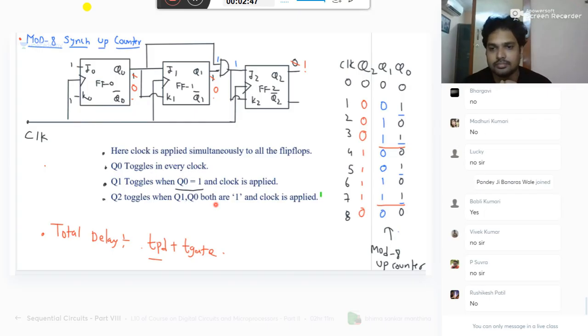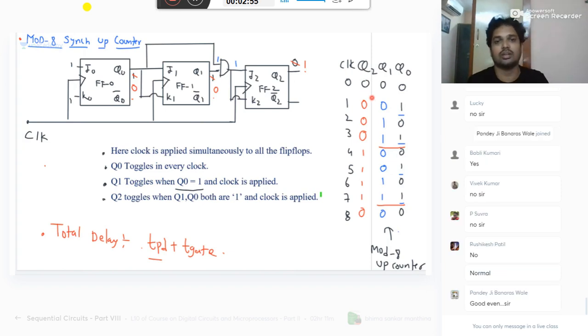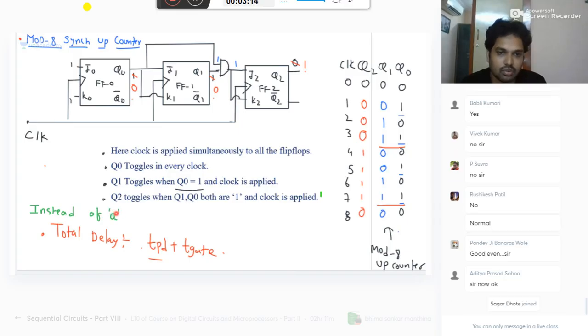Instead of Q, if Q bar is given to the AND gate, then the same circuit will work like a down counter. Okay, here triggering doesn't matter, only logic design is important. Even if you don't remember this circuit, no problem at all.